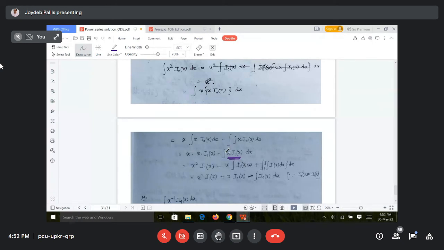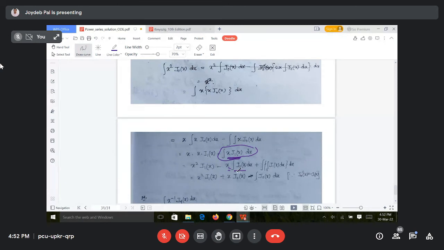We will not get the value of this integration directly by putting any particular value of nu. So what I am doing, I am applying by parts again, taking x as the first function, J1 as the second function: x into the integration of J1 x plus the integration of d dx of x, that is 1, and the integration again of J1 x dx.